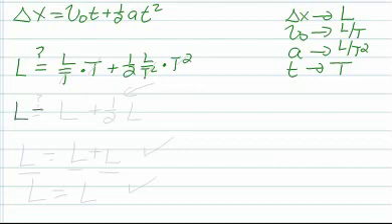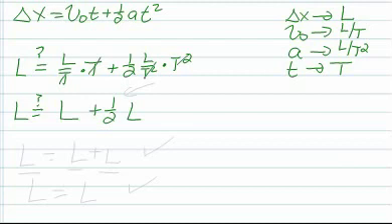So L, is it equal to? Well, L over t times t, the t's will cancel, L plus 1/2 L over t squared times t squared. The t squareds cancel. We also have L. So when we add a dimension of length to a dimension of length, we still get a dimension of length.